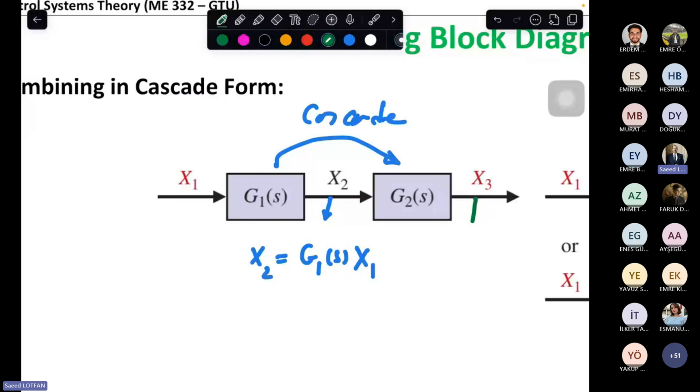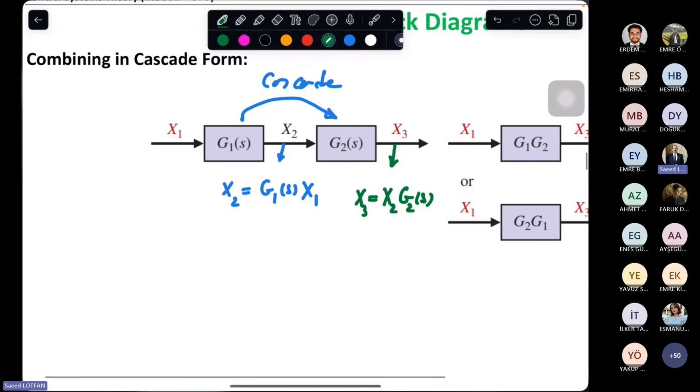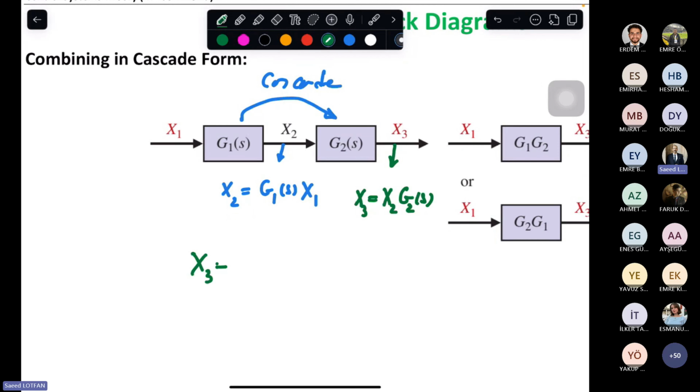So X3 will be X2 multiplied by G2(s). So I can say that X3 is G1(s) X1 multiplied by G2(s), and this is equal to X1 multiplied by G1(s) G2(s).